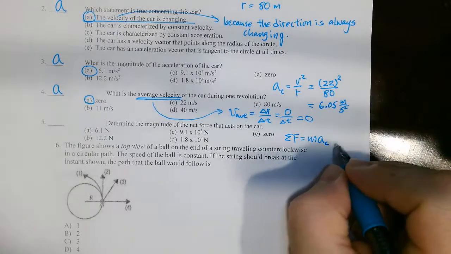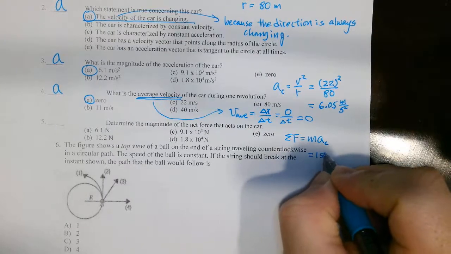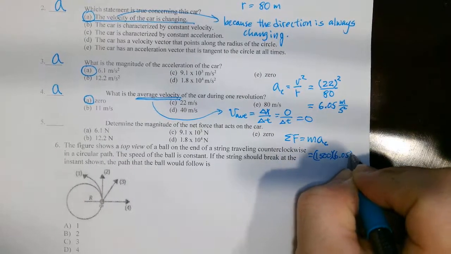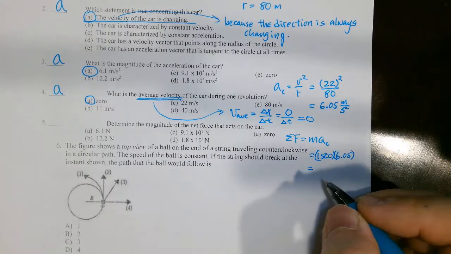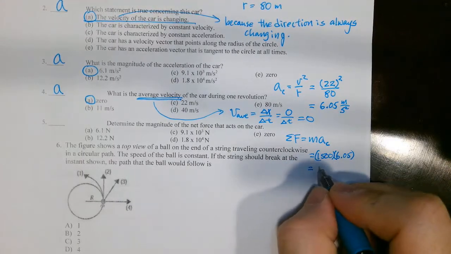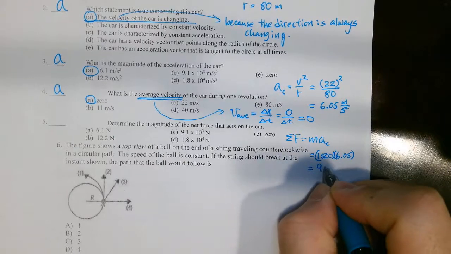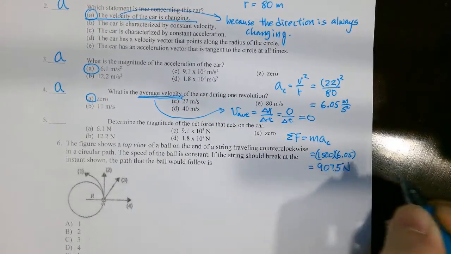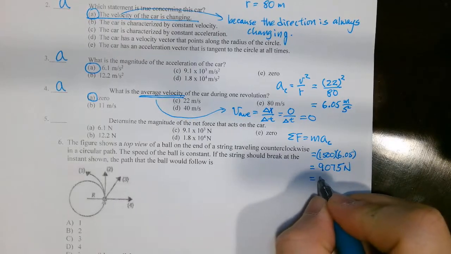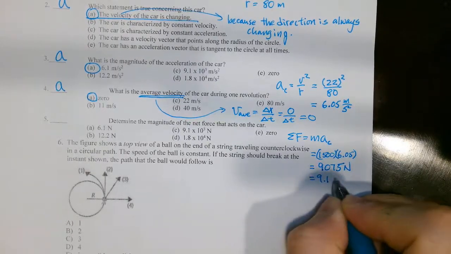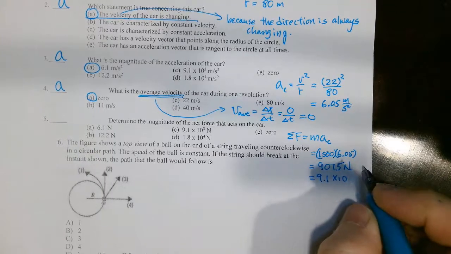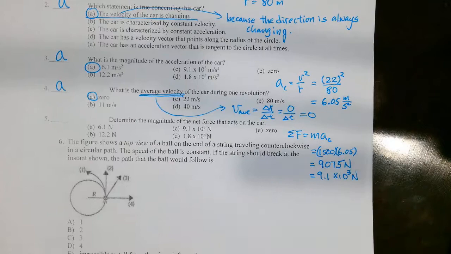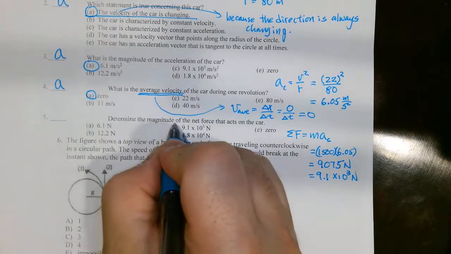So the mass, which is 1,500 kilograms, times 6.05, we'll get our answer to be something like 9,075 newtons. That's similar to 9.1 times 10 to the 3 newtons. So that will be C.